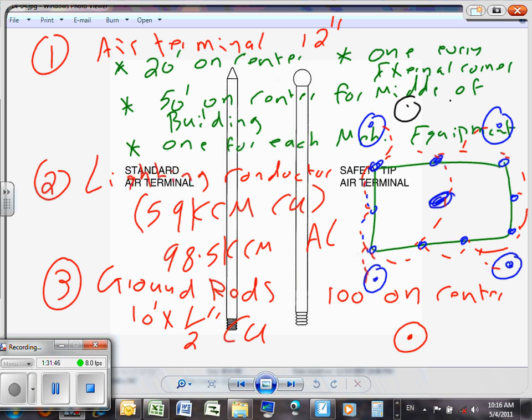Here's 1, 2, 3. These are ground rods tied together. These 3 are for my electrical grounding system. We show a symbol like this. These are for the electrode grounding system, and you tie them to the ground rod of the lightning.